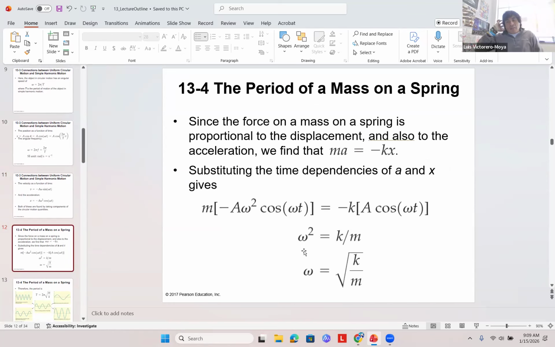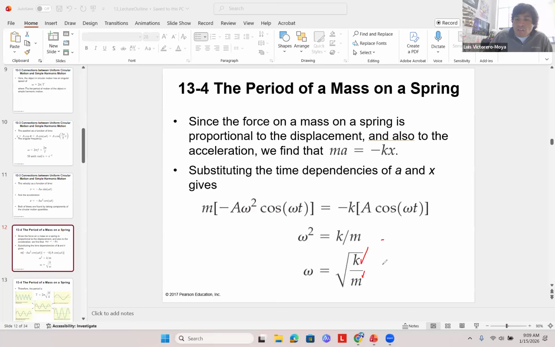Now, if you use Newton's second law, force equals mass times acceleration, ma equals negative kx, you get a nice equation for omega in terms of k and m. So you can find the value of the angular frequency if you know the spring constant and the mass of the block. You can also find the period. The period of a mass spring system is 2 pi over omega, so 2 pi times the square root of m divided by k.